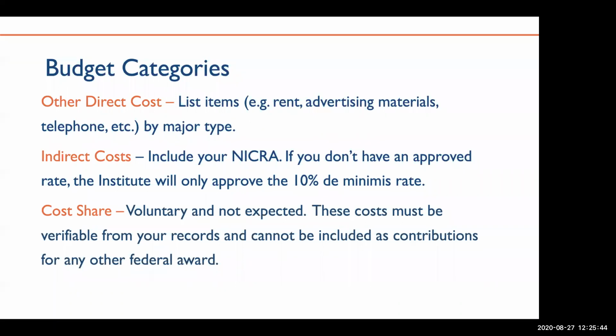If you do not have a NICRA, you may only charge up to the de minimis rate. There is also a section for cost share. This is voluntary. The costs included under cost share must be verifiable from your records and cannot be included as contributions for any other federal award.